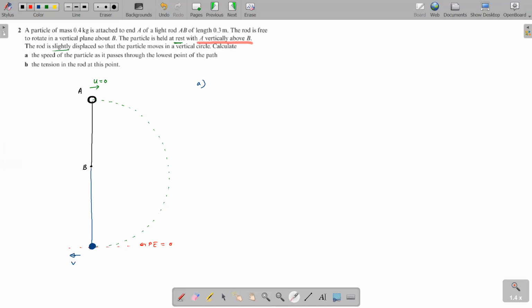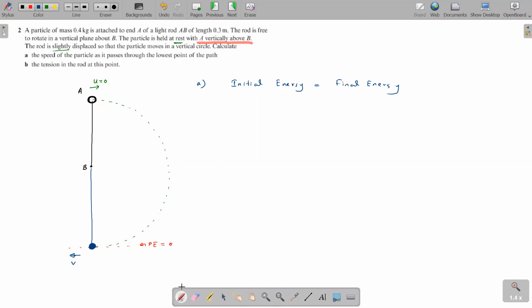All right, so let's go with the rule: conservation of energy. Initial energy is equal to final energy. Or you can say the GPE loss is equal to KE gain. That's exactly what you're getting here, because at the top point there's no kinetic energy. At the top, you have potential energy, which when you come down, you're going to lose.